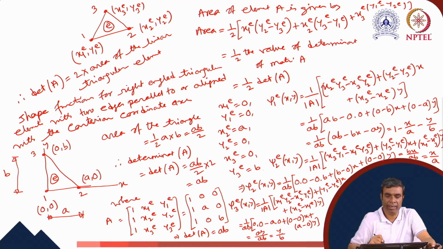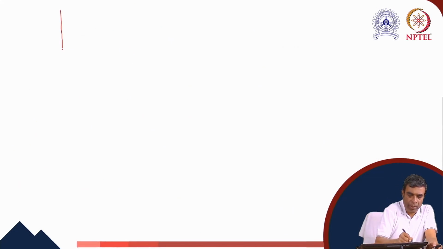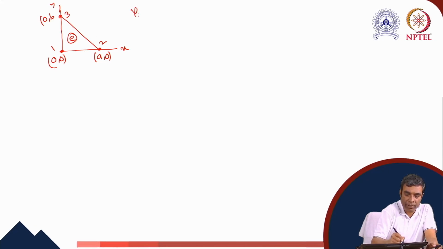the Cartesian axis. So we can summarize these expressions for this triangular element. So this is 0, 0, this is A, 0, this is 0, B, this is our y-axis, this is our x-axis, this is element E, local node 1, local node 2, local node 3. So we have obtained psi 1e x, y.